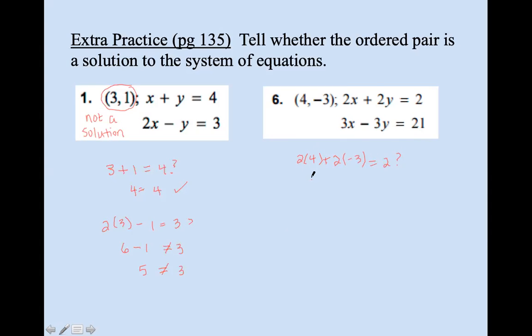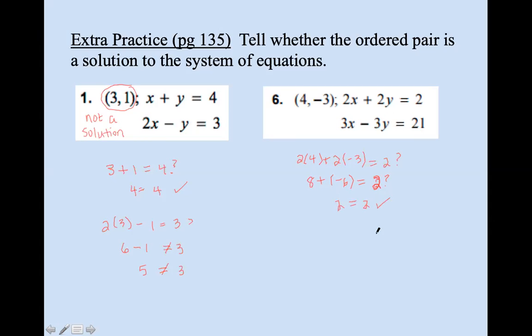So 2 times 4 is 8, plus 2 times negative 3 is negative 6. And the question is, is 8 plus negative 6 equal to 2? I was just making a question mark. And I do 8 plus negative 6 and I get 2. 2 is equal to 2, so it works in the first one.